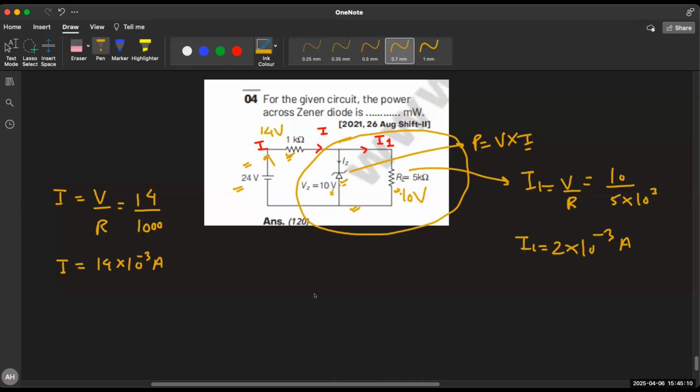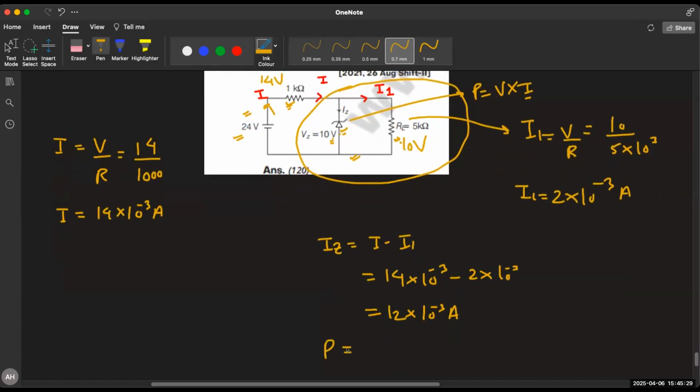If you have I and I1, you can calculate IZ. You can write that IZ is I minus I1. So this is 14 into 10 to the power minus 3 minus 2 into 10 to the power minus 3. That's 12 into 10 raised to the power minus 3 ampere. Now once you have IZ, you can easily calculate power.